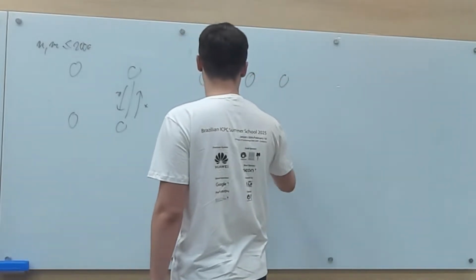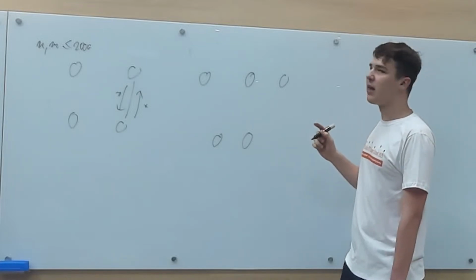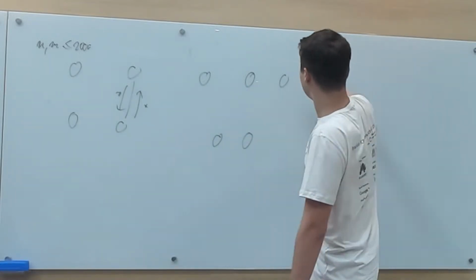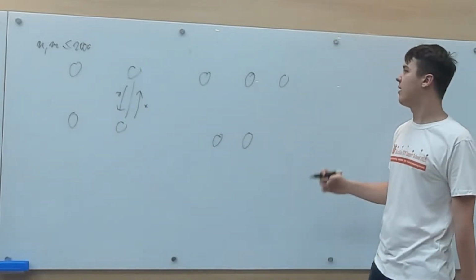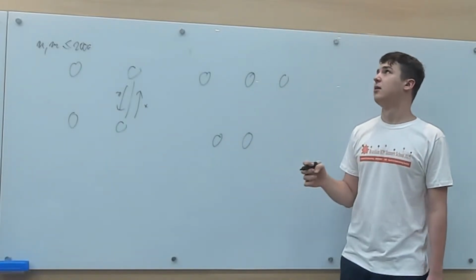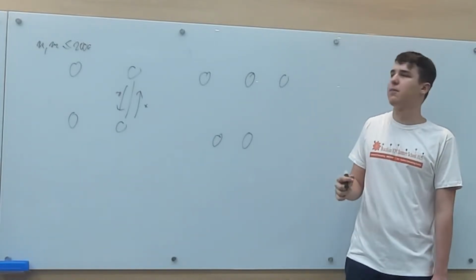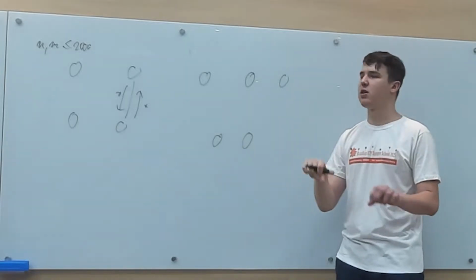I will spoil you: this is a flow problem. Now we have some vertices with balances. By the way, a balance is always even, because the degree must be even for the in-degree and out-degree to be equal.